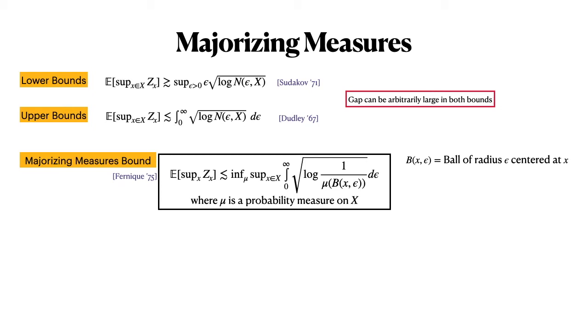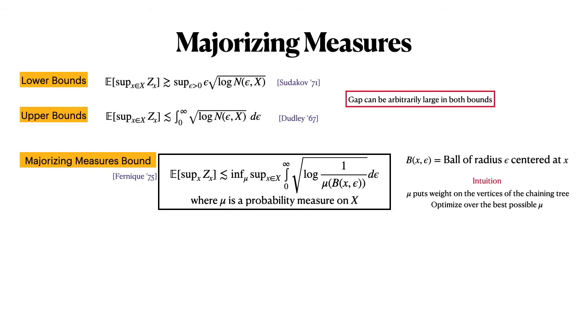This might look strange at first, but the intuition behind majorizing measures is actually very natural. In Dudley's proof that we just saw, all the vertices in each layer of the chaining tree were exactly the same. But you could consider putting weights on them so that some vertices are more important than others.